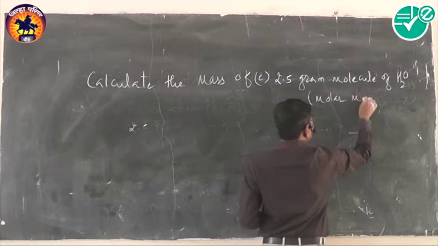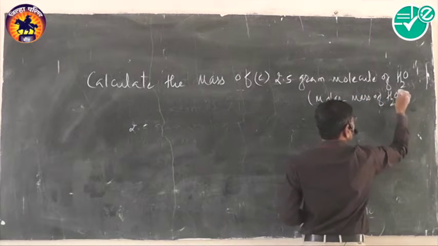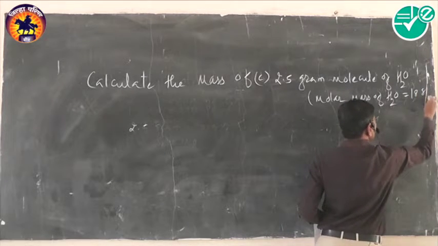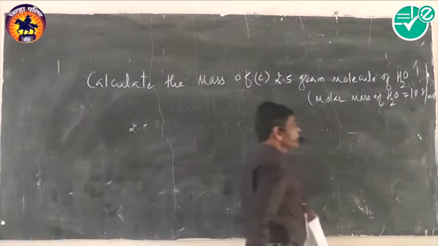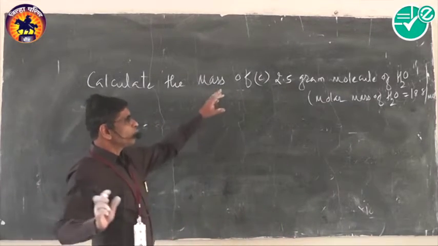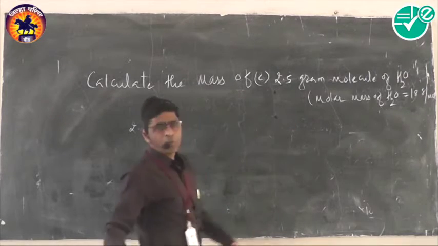So here the molar mass of water is equal to 2 plus 16, that is 18 gram per mole. We have to calculate the mass of 2.5 gram molecule of water.